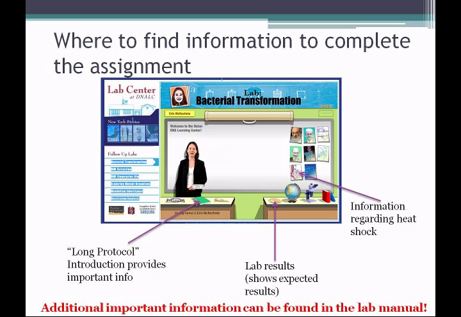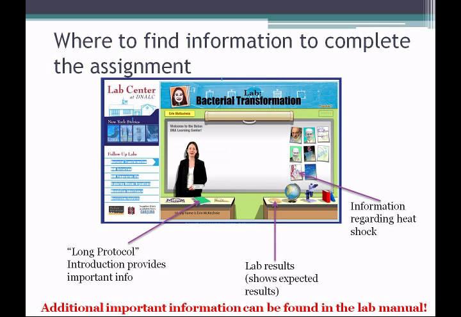The long protocol, which is that green notebook, if you click on that, you'll find important information regarding what you are doing with each of these steps. It's not exactly the same procedure, but it's very close so that you can understand why you are heating things, why you are cooling things, why you're adding calcium chloride, what is competency, etc. The expected results are going to be shown in the area with this purple arrow.